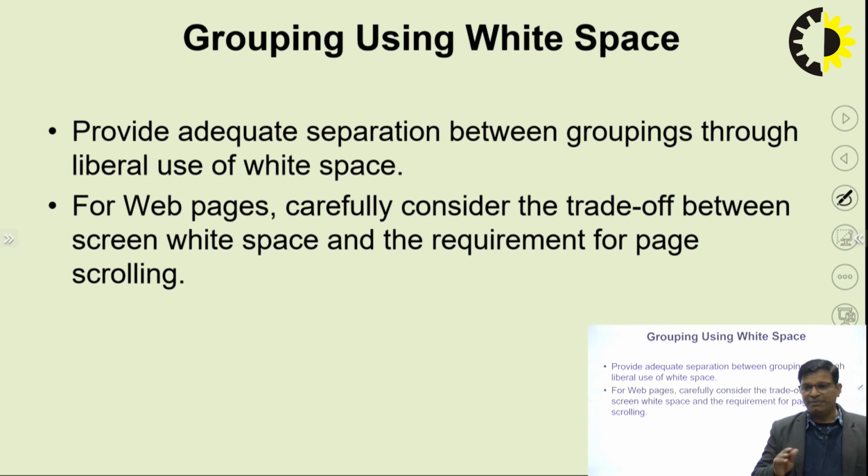So, grouping using white spaces. The blank spaces, or we can say the space between two words or between two characters, play an important role. If there is some space between some text boxes or between some design elements, we can make groups. Grouping, what does it mean? Keeping similar tasks along with similar tasks.